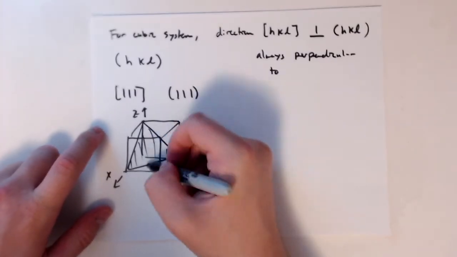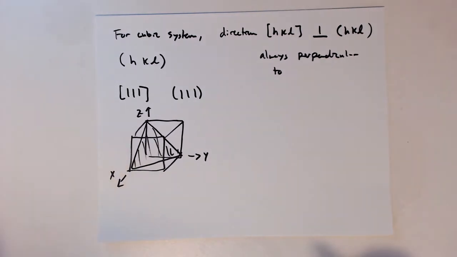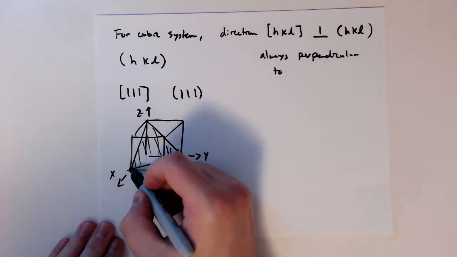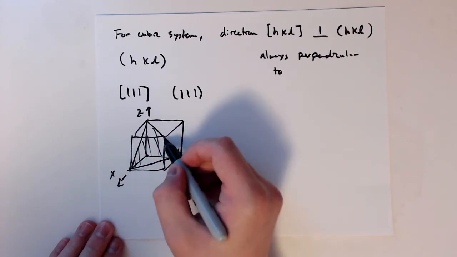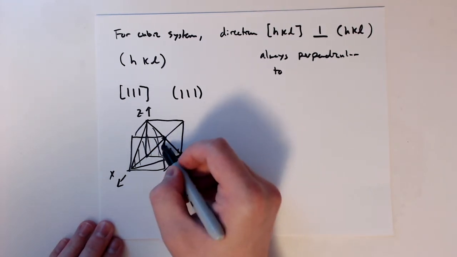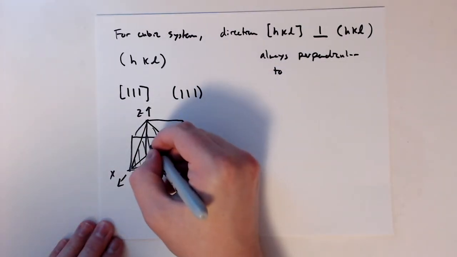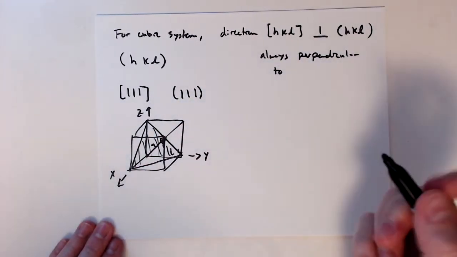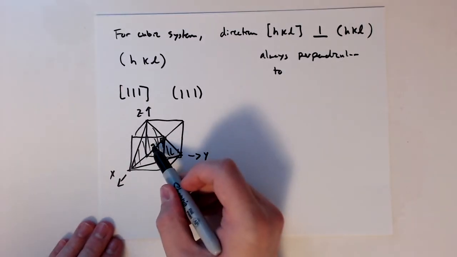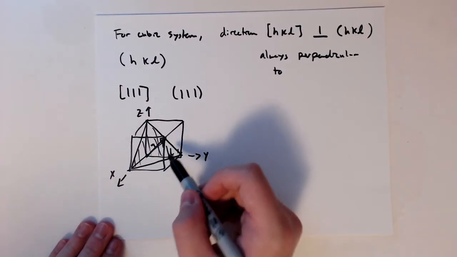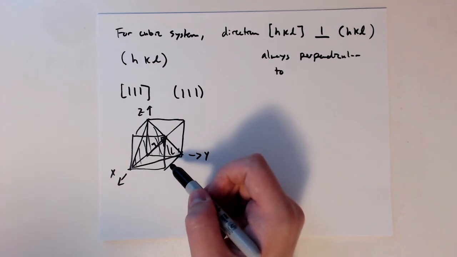It's a diagonal through the cube. And if I draw the direction, we kind of already saw this, I showed this example, but that starts at the origin and goes to this diagonal point. Right? And so again, you can show that the plane and this direction are perpendicular to each other in this cubic space.